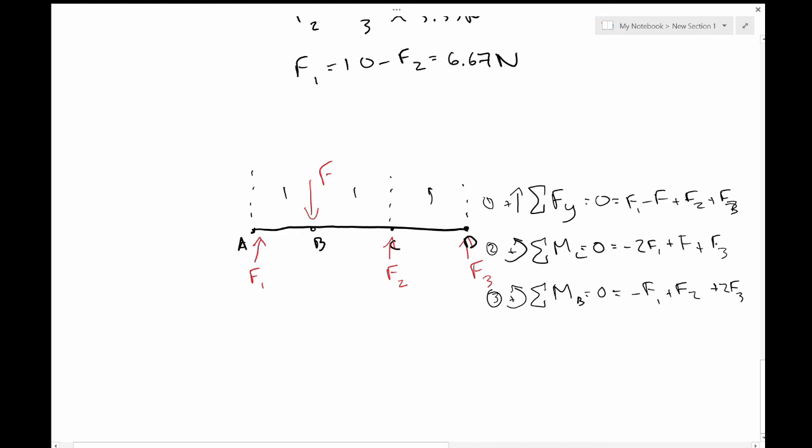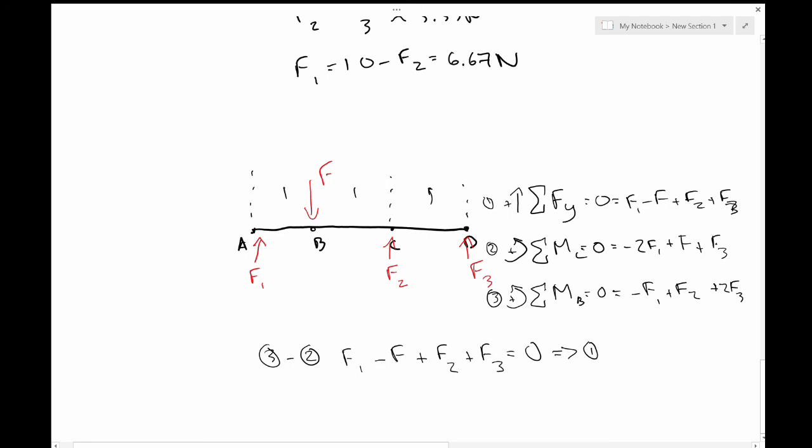If we were to take equation 3 and subtract equation 2, what we'd find is that we'd get F1 minus F, then there's no F2 there, so we get plus F2, and then again plus F3 equals 0. And this is equation 1.